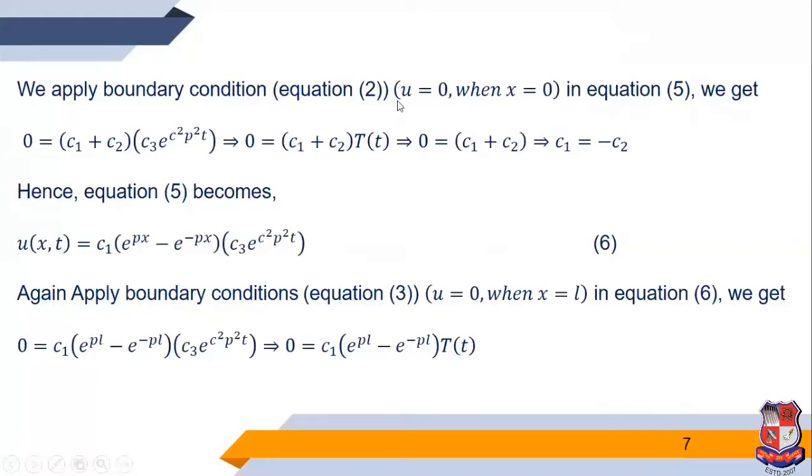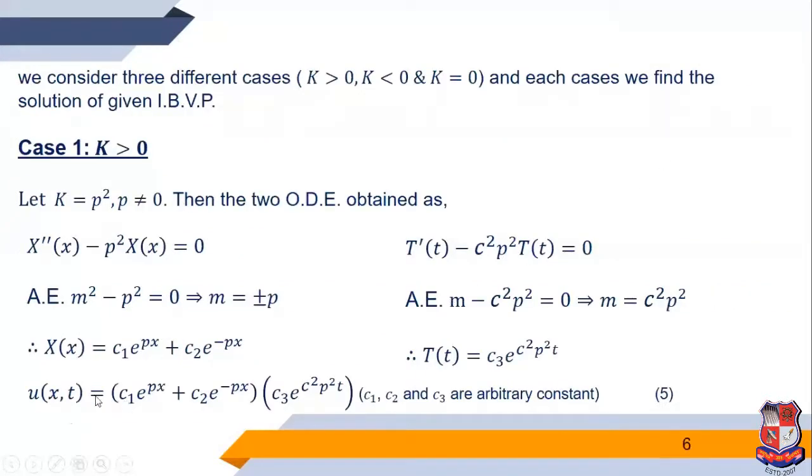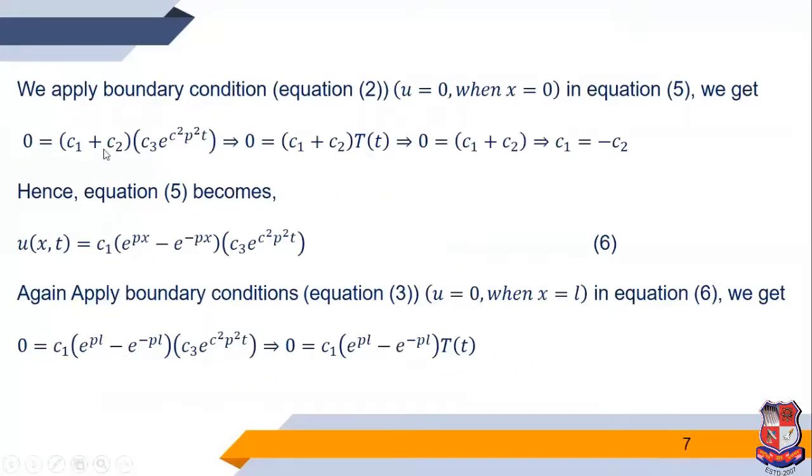The boundary condition is when the temperature is 0 when x is 0, that means the left end temperature. So u is 0 when x is 0 in the given equation 5, that means the previous equation. So x is 0, here we write x is 0. So we get 0 is equal to C1 plus C2.